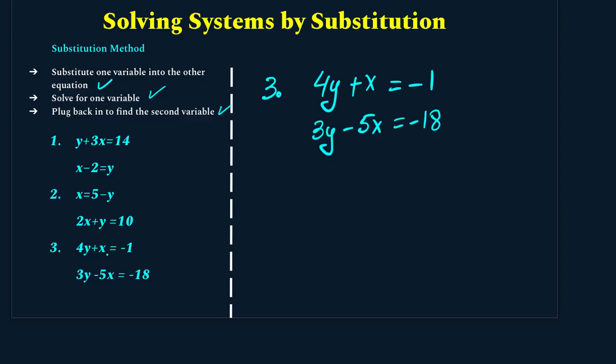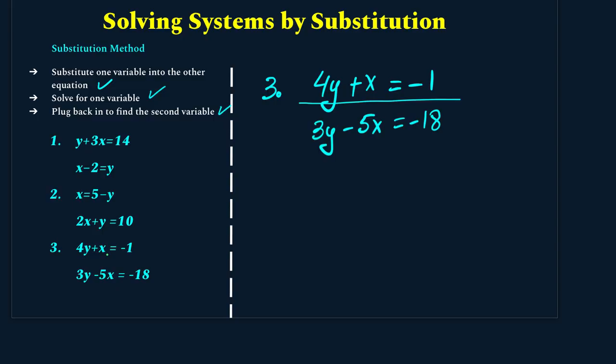When I look at both of my equations, I'm looking for one of the variables to have a coefficient of 1 or negative 1. So in here I can see that this equation is much easier to solve for x. So that's what I am going to do.